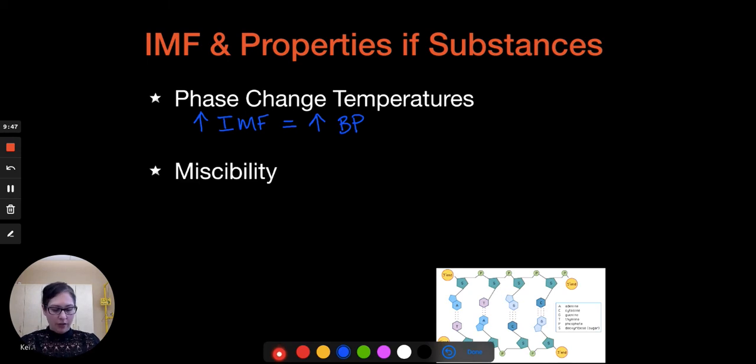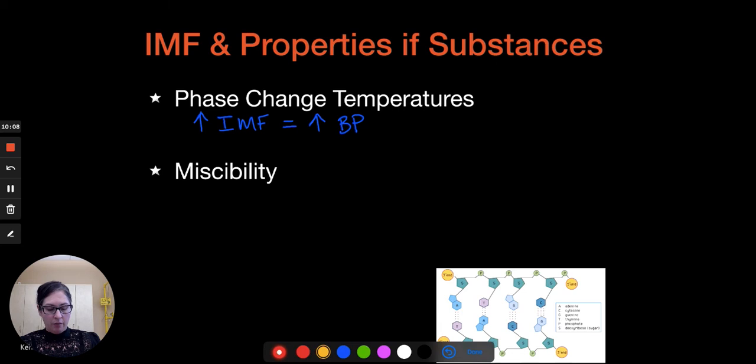Miscibility is another one. So miscibility is, like when we say things along the lines of like dissolves like. If we are mixing oil and water, they don't do that. But if we have water and, say, some other polar molecule, they'll actually be able to mix.